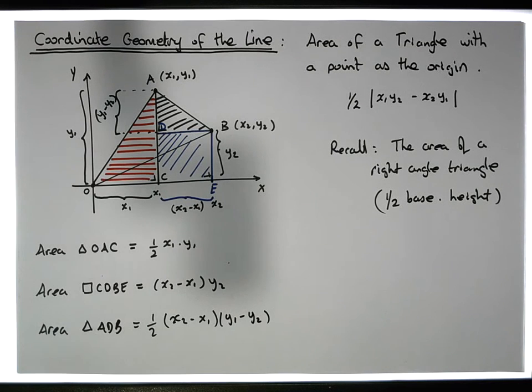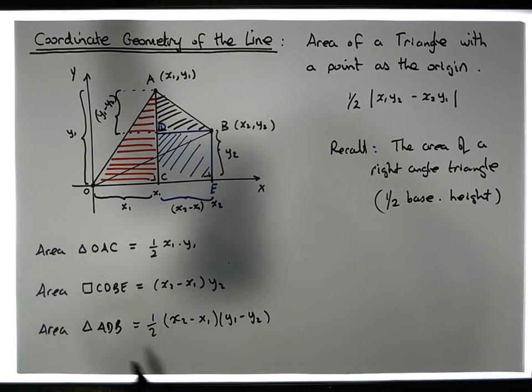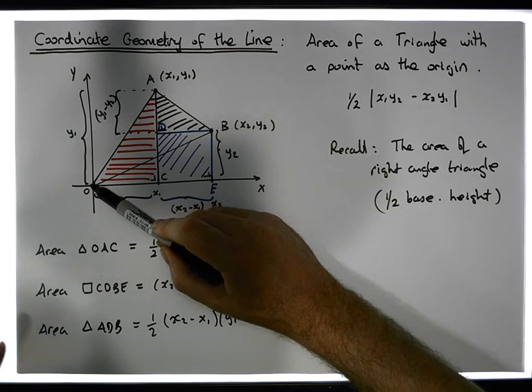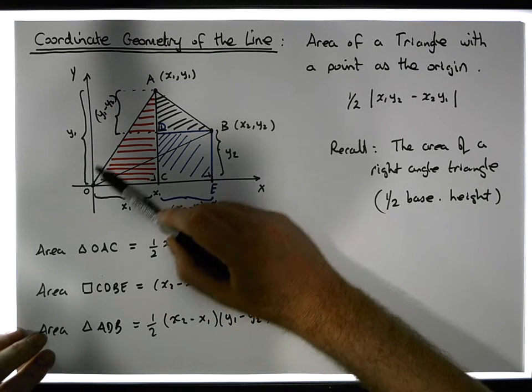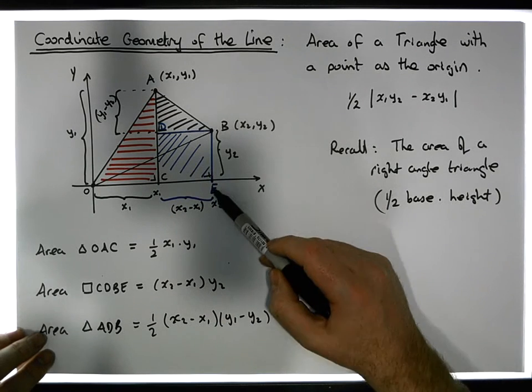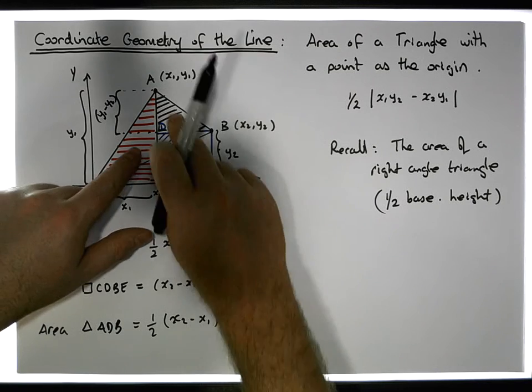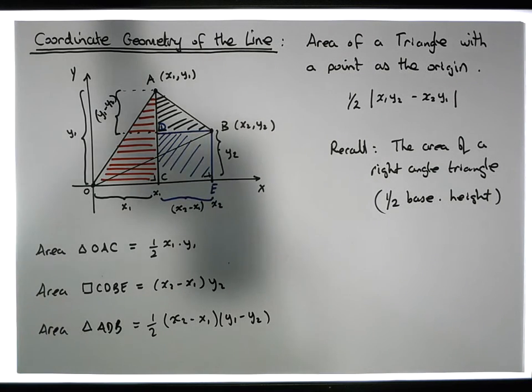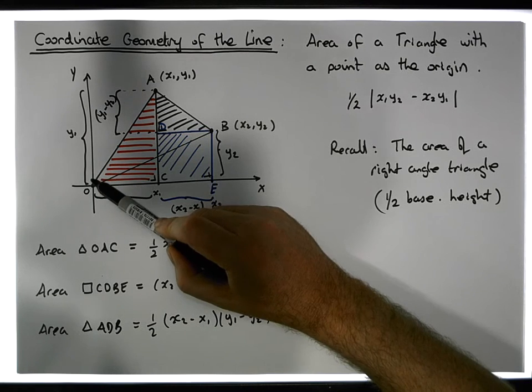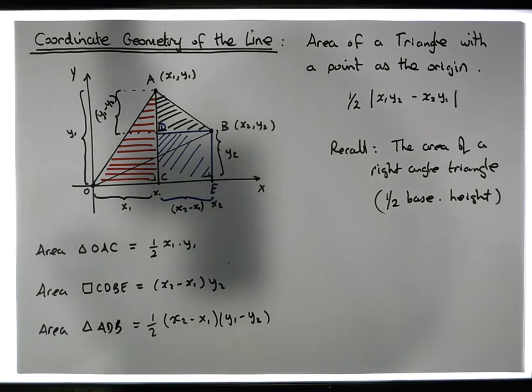So really, what we've done is we've calculated the area of this particular structure here, O, A, B, E, because the sum of these three parts covers that area. Now, we're only interested in the area OAB. But look at this.